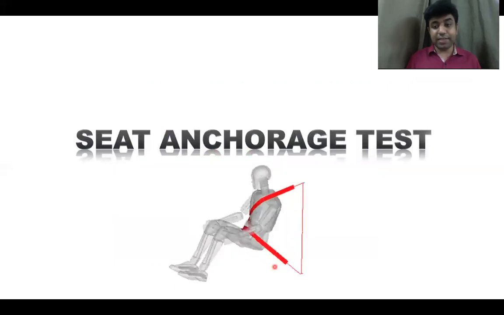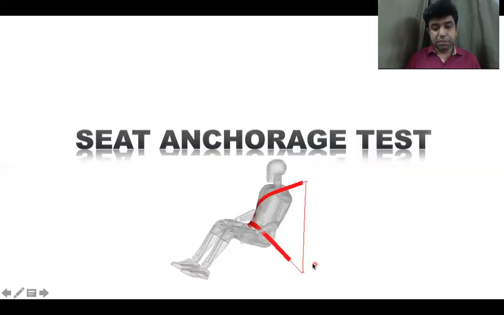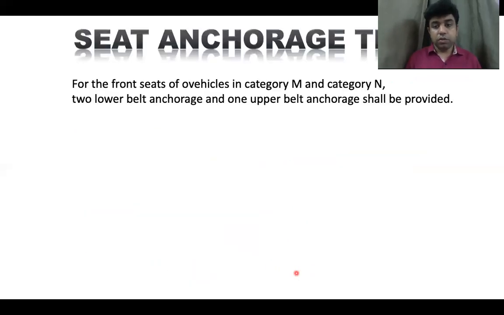Now let us understand the second test, and that is the seat anchorage test. Basically the points at which the seat belts are tightened up, that is the seat anchorage. It has been a short question in the GATE one or two times, that as per category M and N vehicles, what is the limit of seat anchorage?